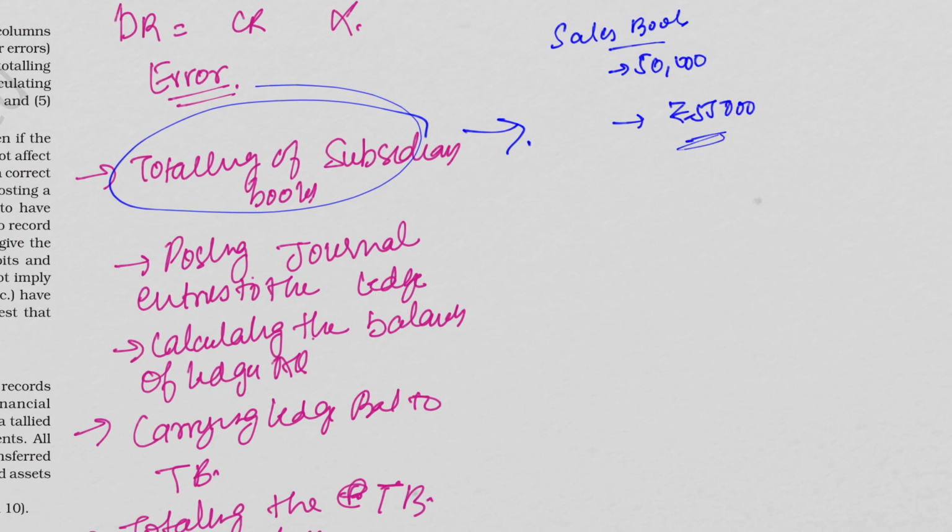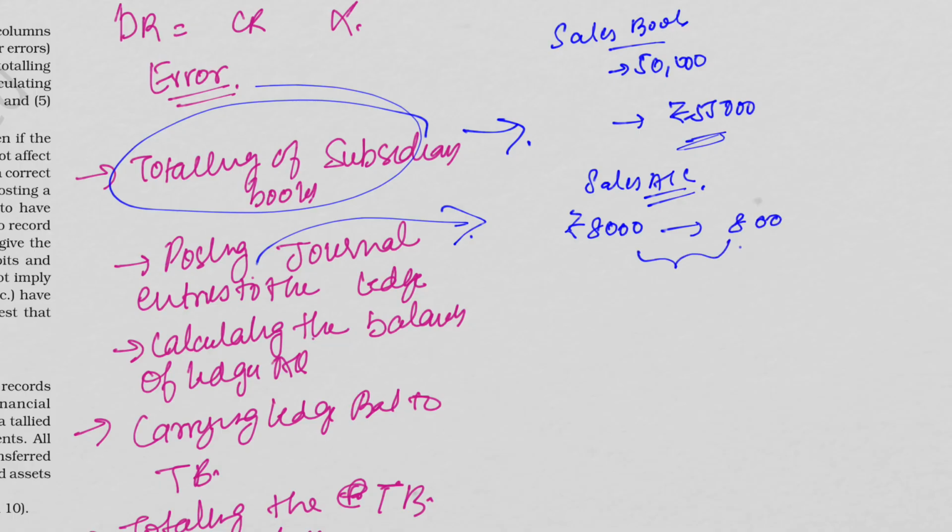This incorrect total will affect the sales account in the ledger. Then we have error in posting. Suppose purchases of rupees 8,000 are posted in the ledger as rupees 800. This will basically create a difference in the trial balance.